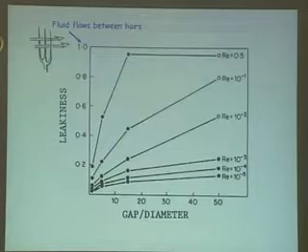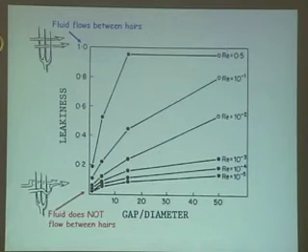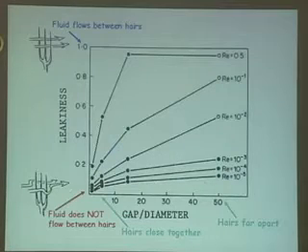So it's a very leaky structure. Or you can have a leakiness of 0, which means none of the fluid that encounters that gap goes through. All the fluid goes around the appendage. So the higher the leakiness, the more flow goes through the array of hairs. And we've plotted it here for hairs that are very close together and hairs that are very far apart.